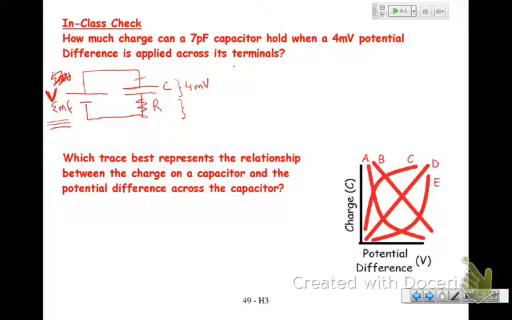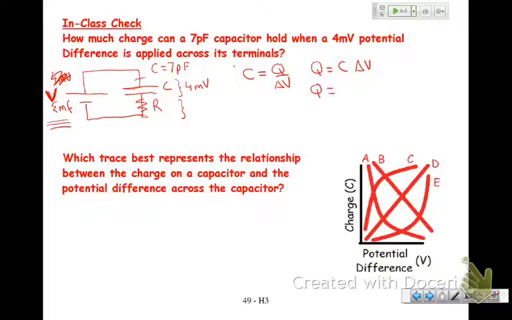But I know that that's 4 millivolts. I know that the capacitance is equal to 7 picofarads. So I'm going to say, okay, how much charge? Well, capacitance by definition is equal to the charge per volt. So therefore charge is equal to the capacitance times my voltage.